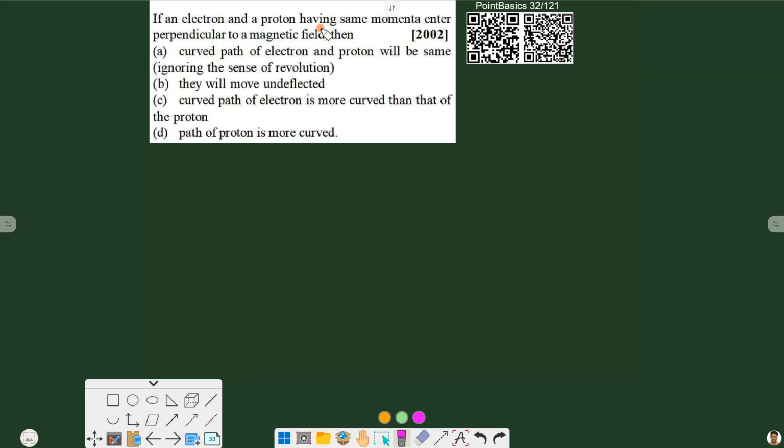If an electron and a proton having the same momentum enter perpendicular to a magnetic field, I think we have to compare their radii, and it is mentioned that they have the same momentum. Now the radius when a particle enters a magnetic field is given by mv by qB, and we can write mv as momentum, so r equals p divided by qB.